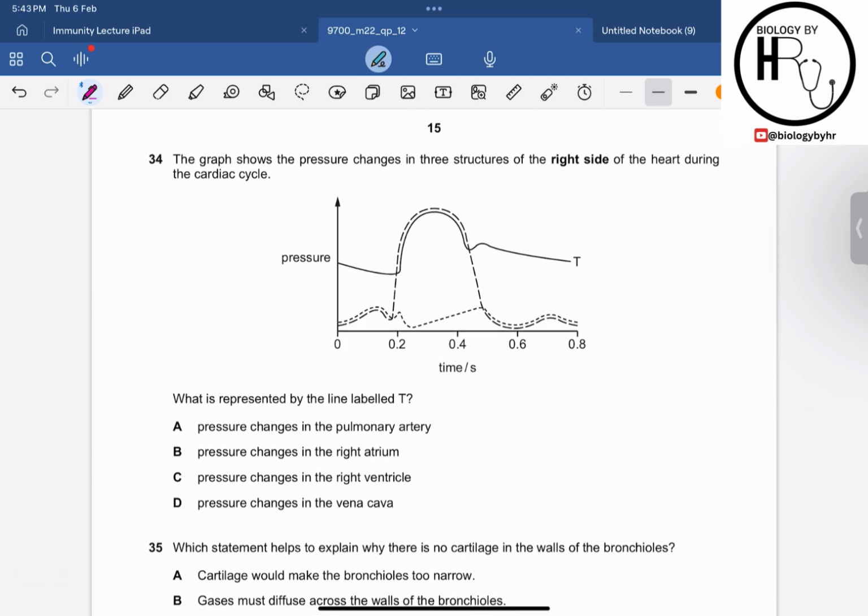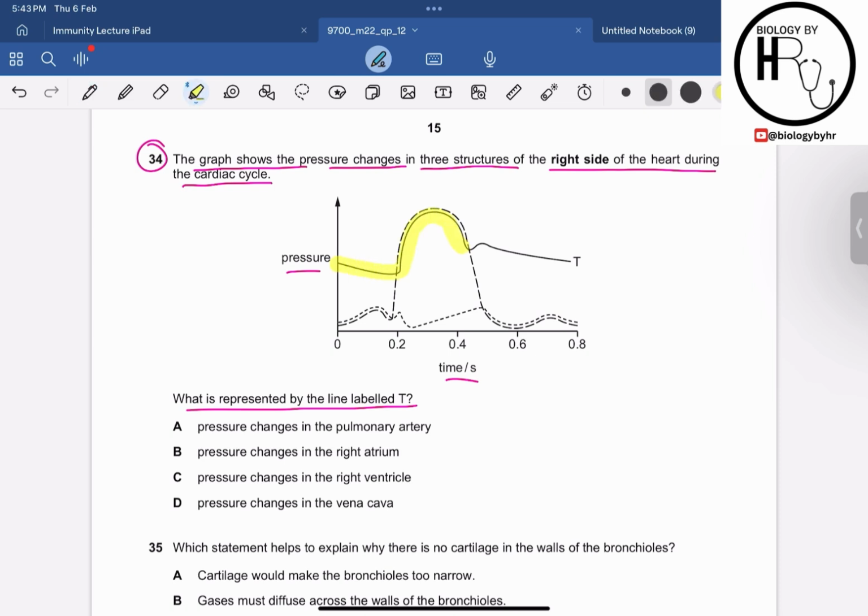Question 34 over here is showing the cardiac cycle graph, right? The graph shows the pressure changes in the three structures of the right side of the heart during the cardiac cycle. Alright, so it is basically a pressure time graph. What is represented by the line labelled T? Alright, so let's discuss what each line represents over here.